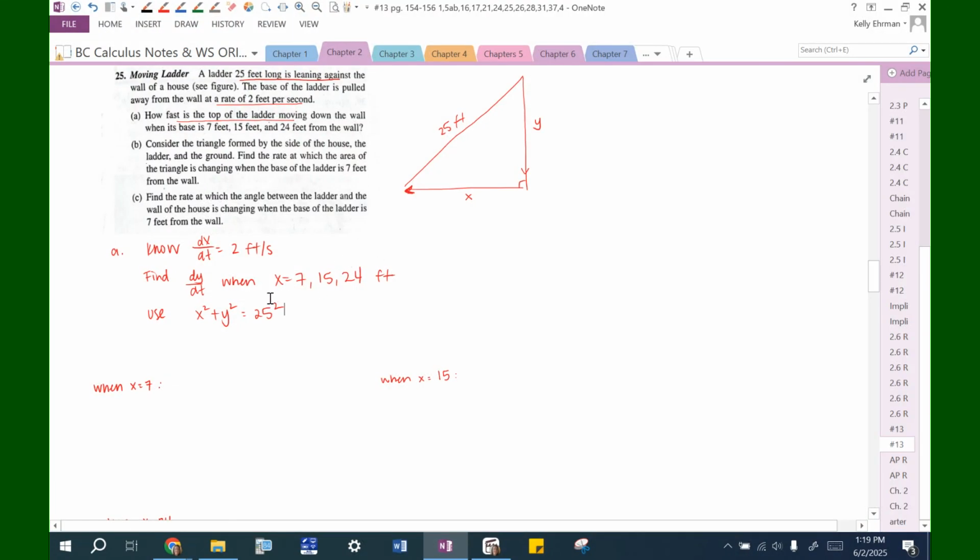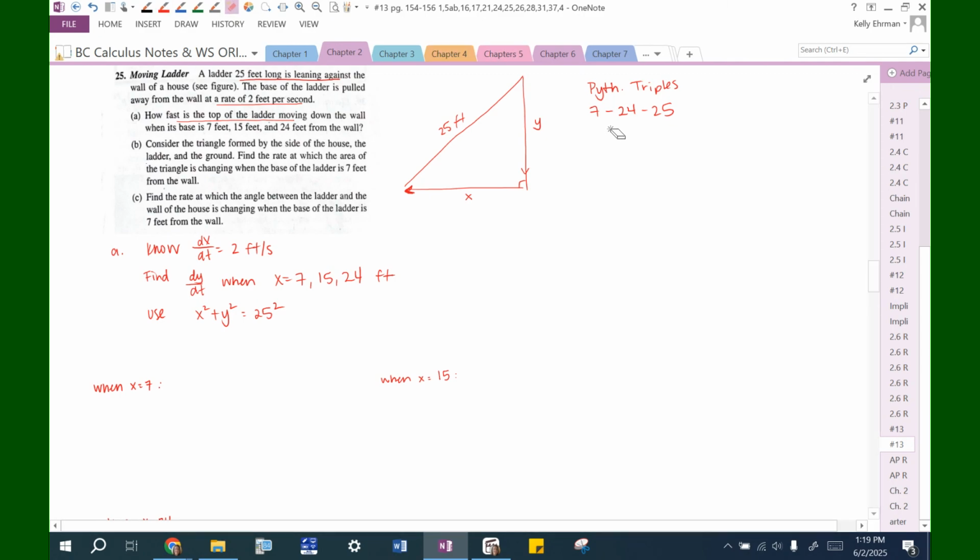Now, when I take the derivative of this, I'm going to need to know not only values of x, but values of y. So hopefully you remember your Pythagorean triples back from your geometry days. If not, you get to do the Pythagorean theorem. But 7, 24, 25 is a Pythagorean triple.